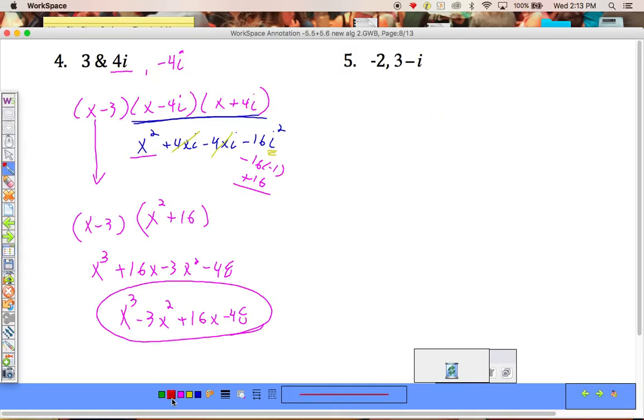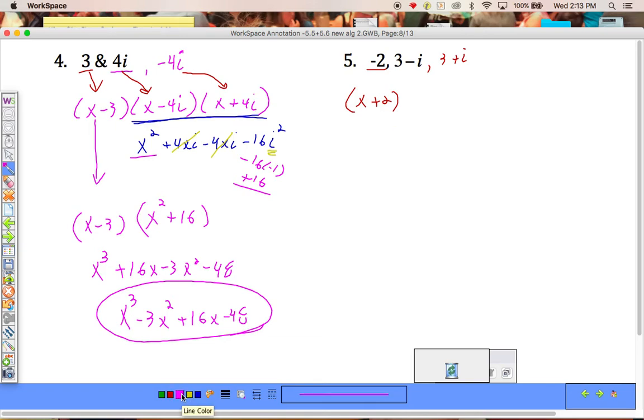All right, so I give you negative 2 and 3 minus i, and I automatically get 3 plus i, because i's come in pairs, 3 minus i and 3 plus i. Every time we have a solution, we put the opposite into the parentheses. So if my solution is negative 2, I'm going to do x plus 2.